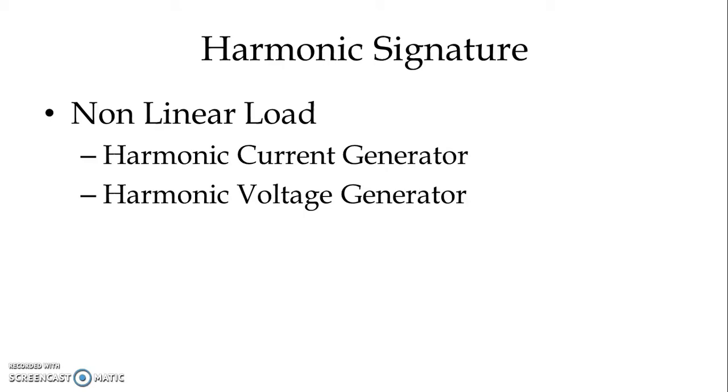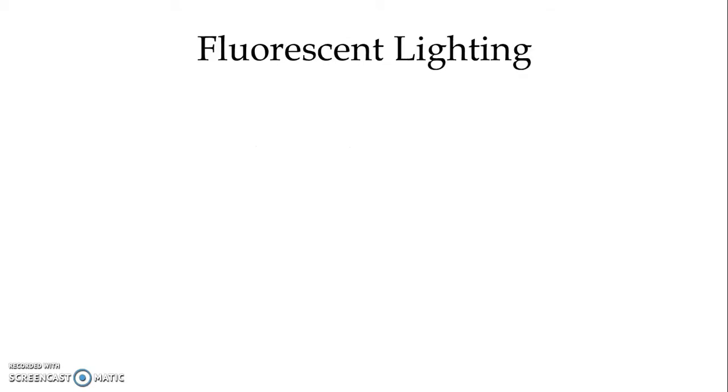We'll see different types of load and their effect on the AC waveform in terms of either voltage distortion or current distortion. We start with fluorescent lighting. Fluorescent lighting takes less energy compared to incandescent lighting, but at the same time it generates significant current distortion.